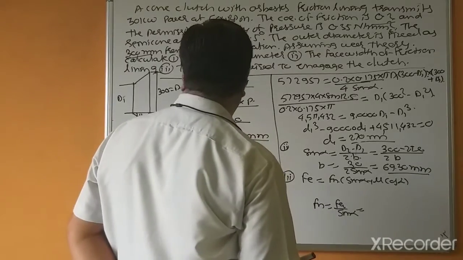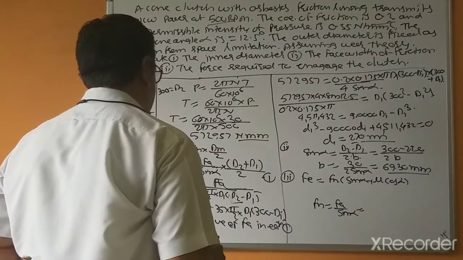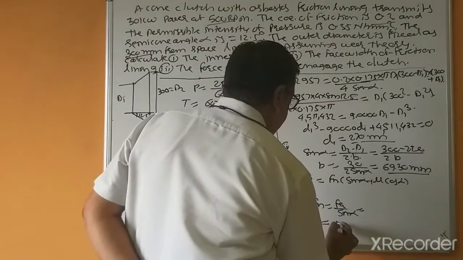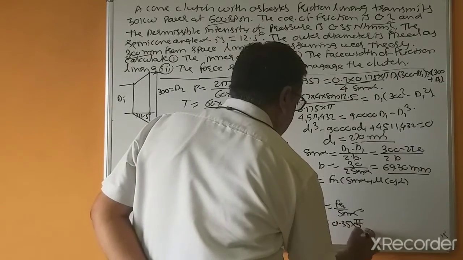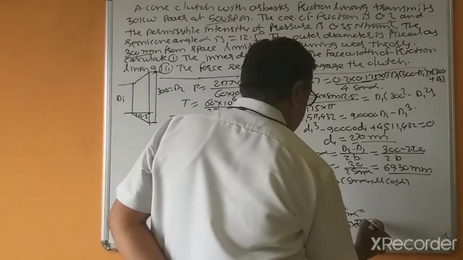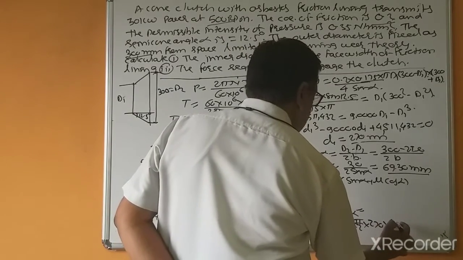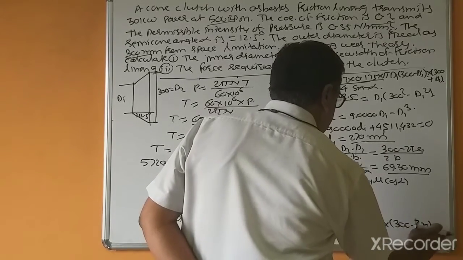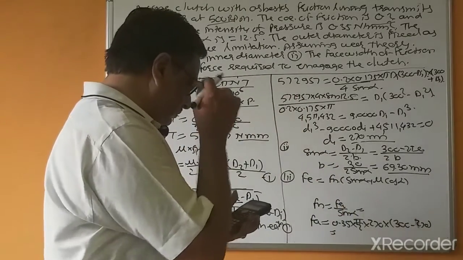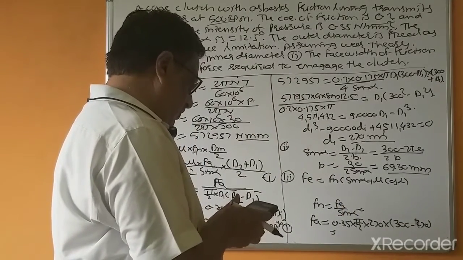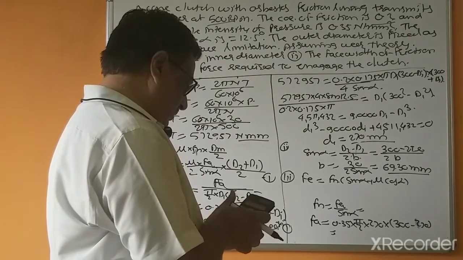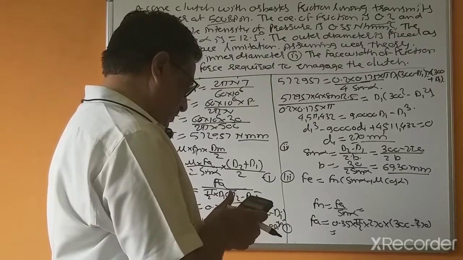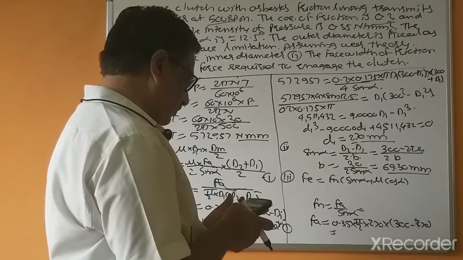Fa equal to 0.35 into pi by 2 multiplied by 270 into 300 minus 270, this is 30, multiplied by 270 multiplied by pi divided by 2 multiplied by 0.35.